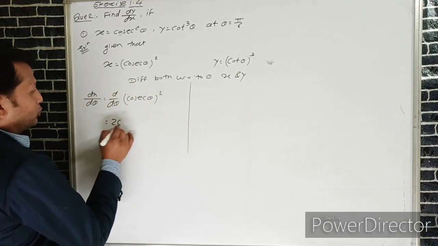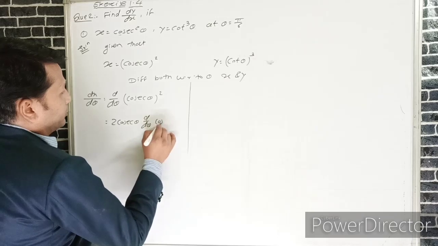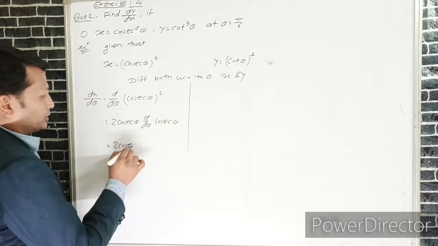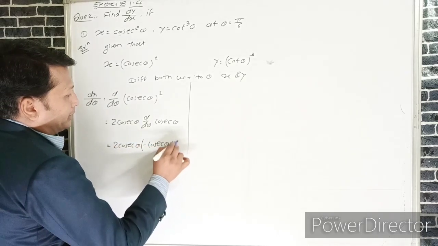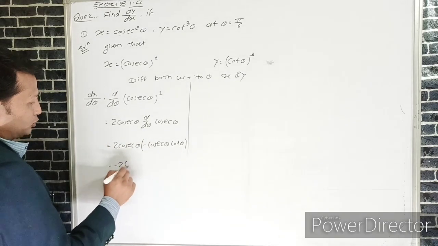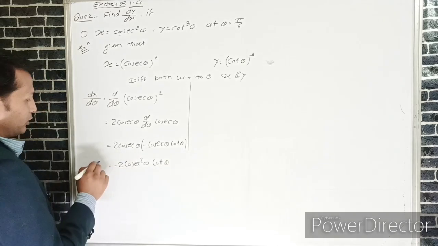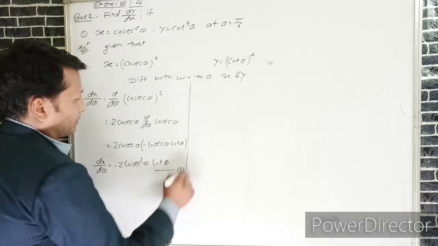We can write 2 cosec theta and we take again the derivative of cosec theta. Now we know that the derivative of cosec theta is minus cosec theta into cot theta. After multiplying, we can write minus 2 cosec square theta into cot theta, which is the value of dx by d theta. Here number 1.